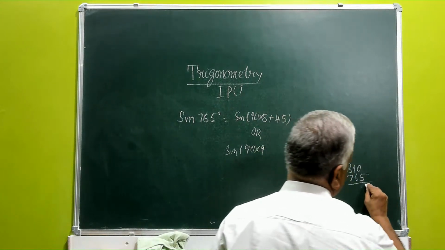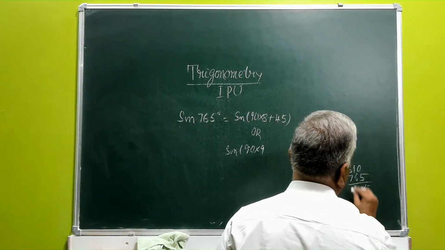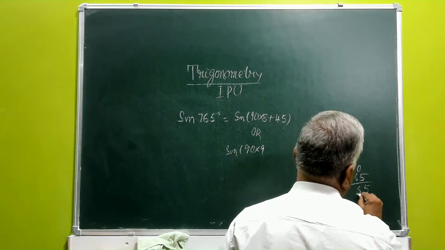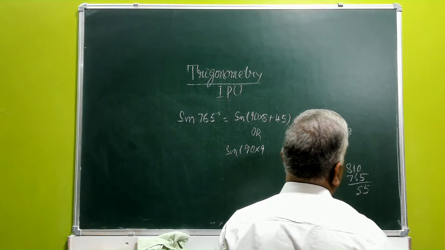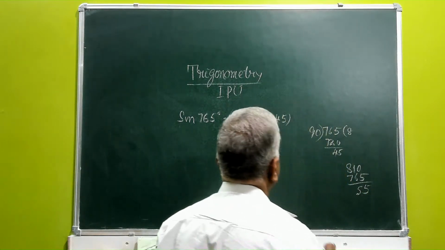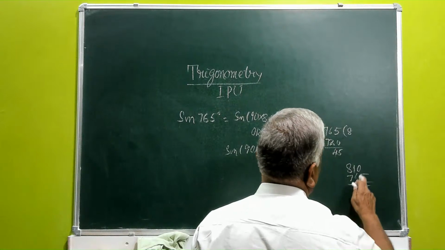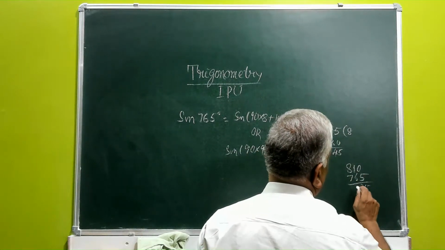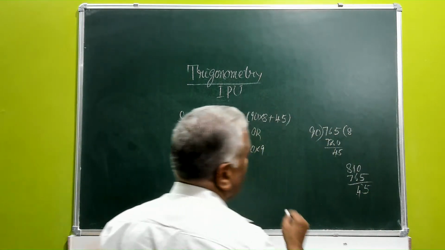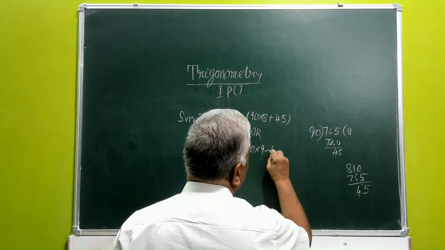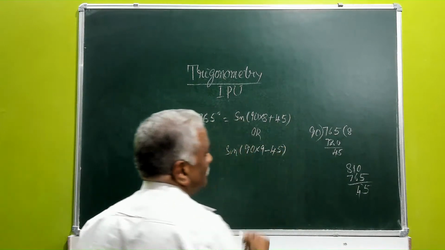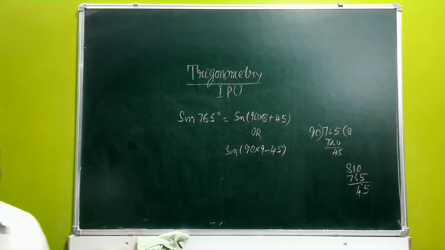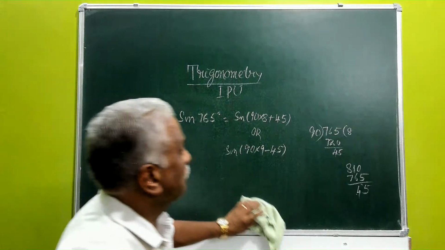How much is that? 45 degrees. So 90 into 9 minus 45 degrees. I'm just working out both the methods so that you'll have a clear idea, there's no confusion.